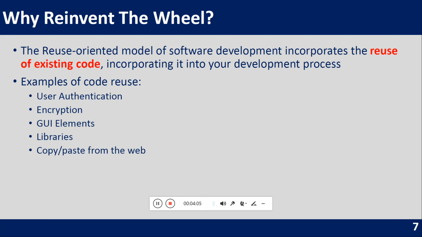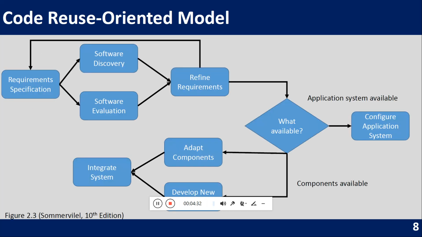And for GUI elements, for example, you can use wix.com to make a text input box, a post box, something like that. And many libraries where you can get some functionality. Maybe we also do some copy and paste from the web, something like that.